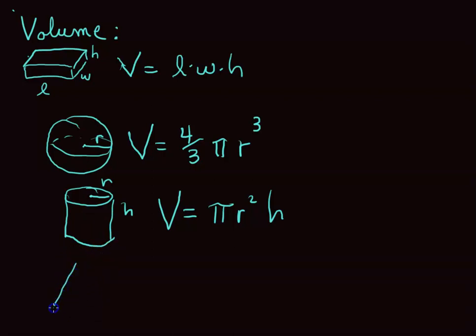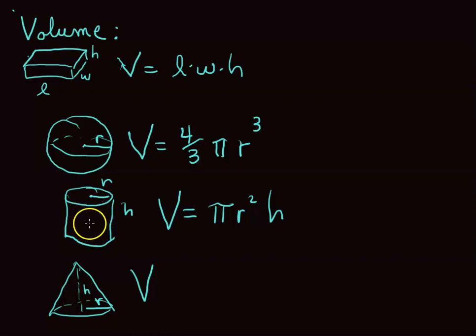There is also, for a cone, and this works for a pyramid also, if this has an h for height. For any cone or pyramid, the volume is 1/3 of the solid that would go with that.